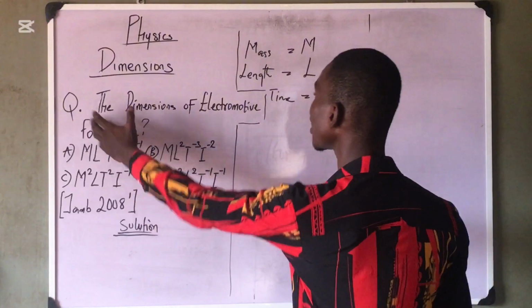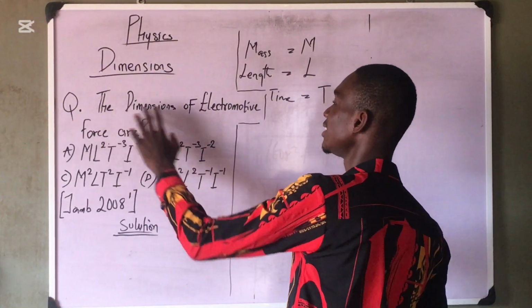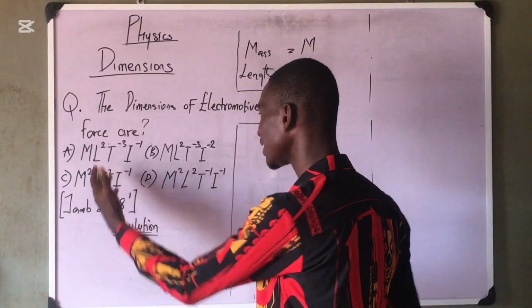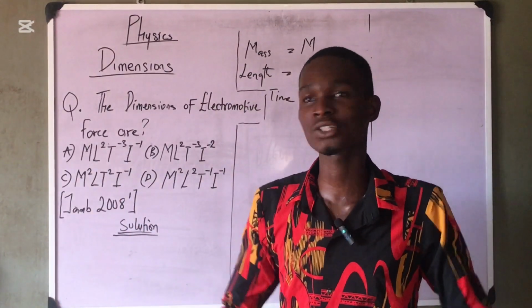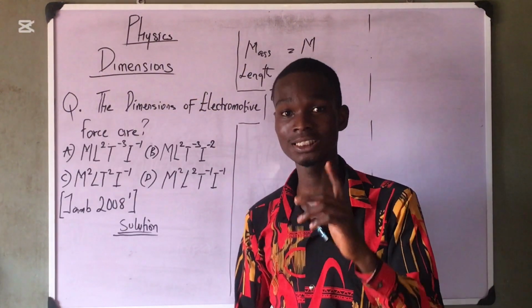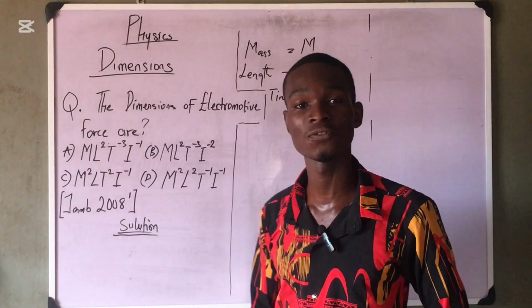Now, when you take a look at this question, you observe that the question says the dimension of electromotive force. These are the options. Now, I want to ask you, what is electromotive force? Because this is the first question you must ask yourself. What is electromotive force?